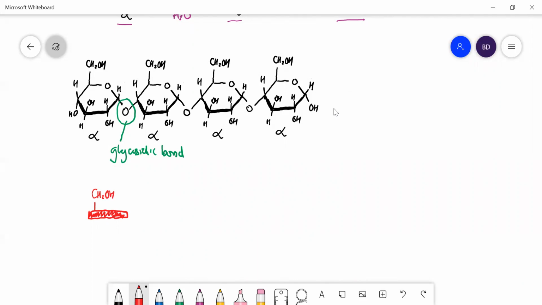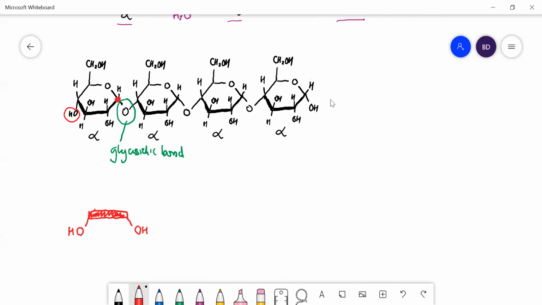You've got H's and OH's sticking up and down in various places, but I'm really only interested in the bits that are going to form the glycosidic bond. So I'm interested in this OH here, that's on carbon atom number 1, and this OH here, which I'm going to draw there, that's on carbon atom number 4.